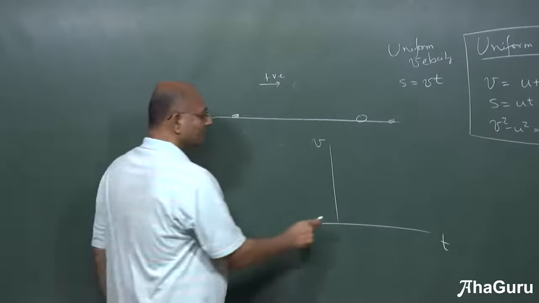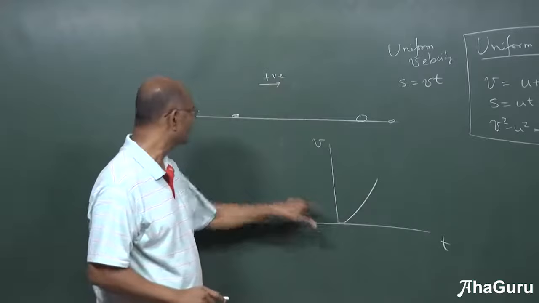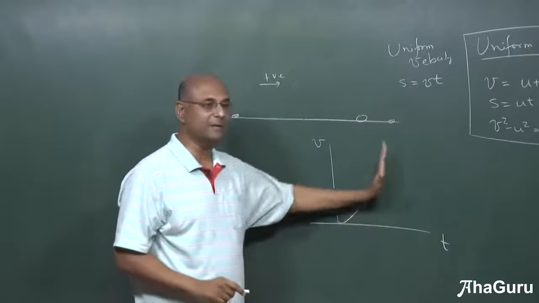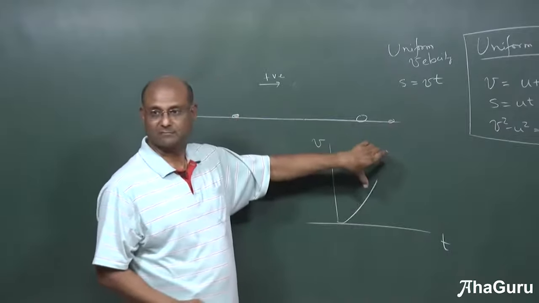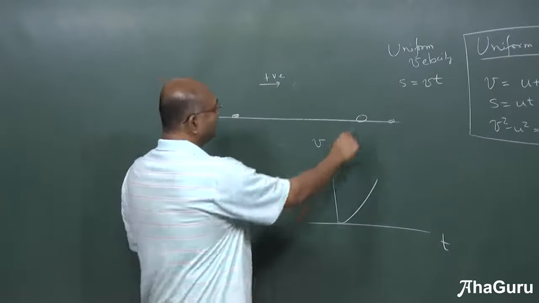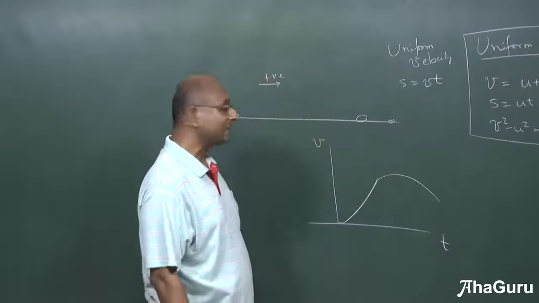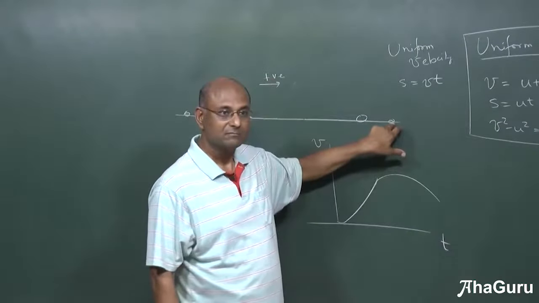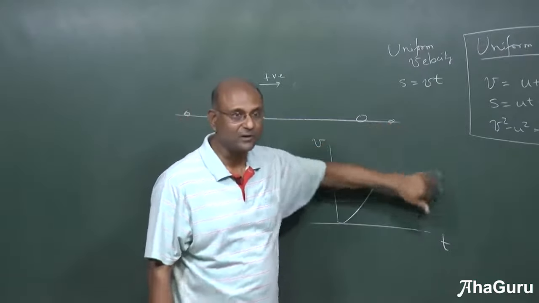So maybe the velocity was doing this. At this point the velocity was very small and then it kept increasing. So when it was here, the velocity was much larger. And then after that the velocity started to drop. It has not yet come negative. It's still positive, except that it is a smaller positive, so it's going down.